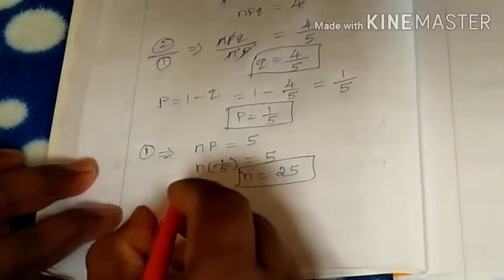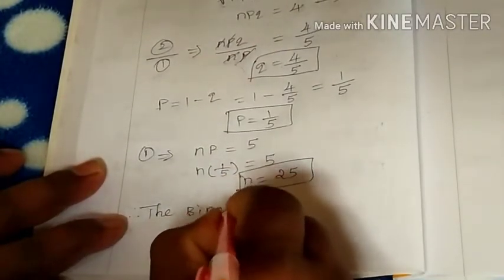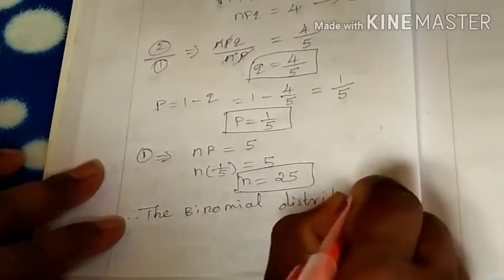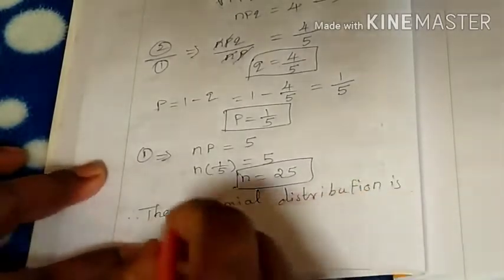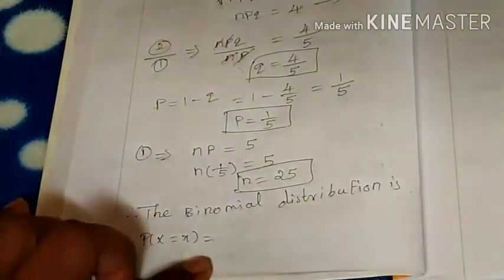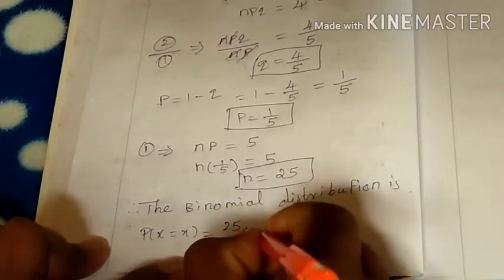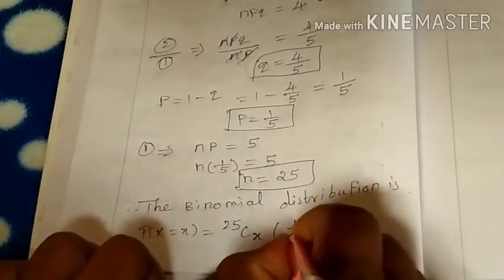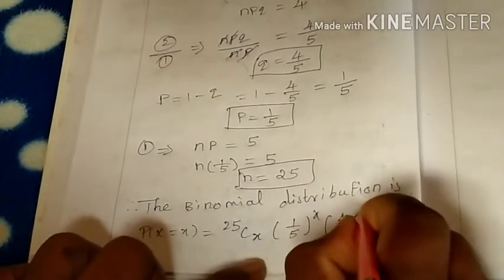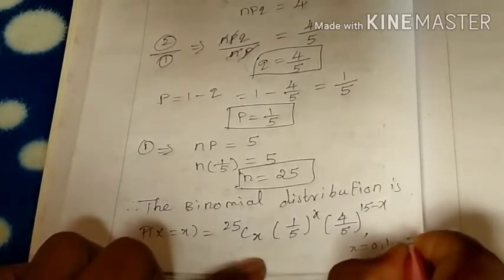This is the question: determine the distribution. Therefore, the binomial distribution is P of x is equal to nCx, n is 25, p power x is 1 by 5 power x, q is 4 by 5 power n minus x, which is 25 minus x, and x is 0, 1 and so on up to n.